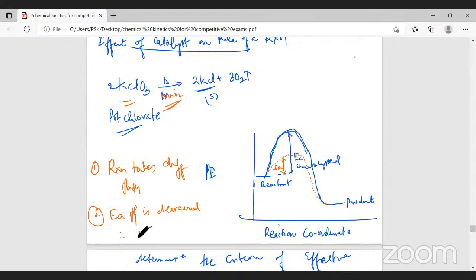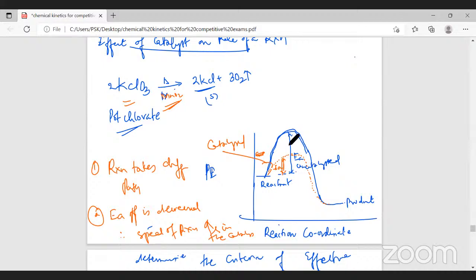Therefore, the speed of the reaction increases in the presence of the catalyst. This is the energy of activation for a catalyzed reaction. That means when we use the catalyst, the reaction takes a different direction, and also the energy of activation is decreased. Therefore, the reaction becomes faster.